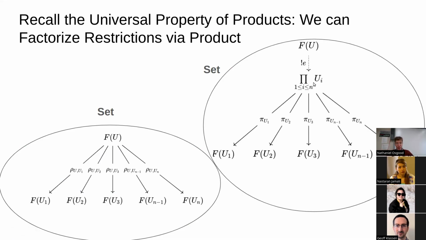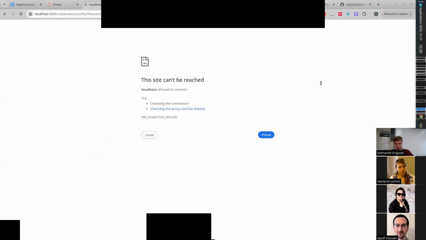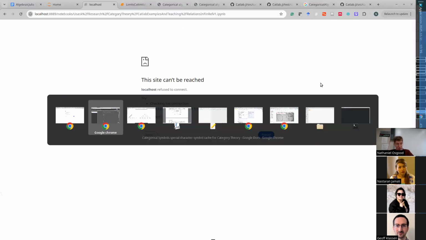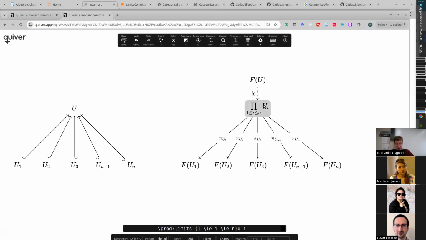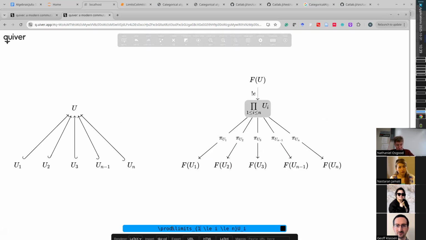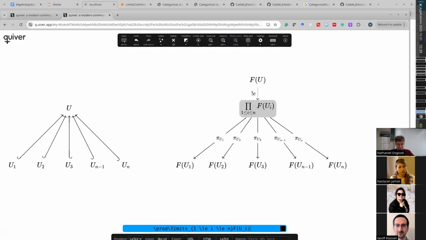This should say the product of f of ui. That's my bad. Sorry, folks, this should be f of ui there. Okay.